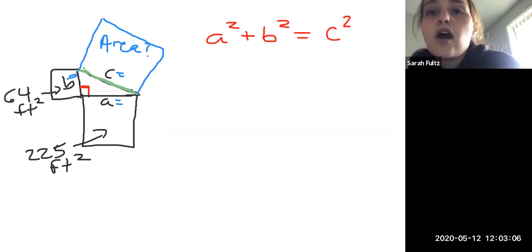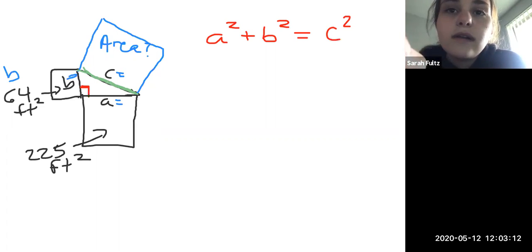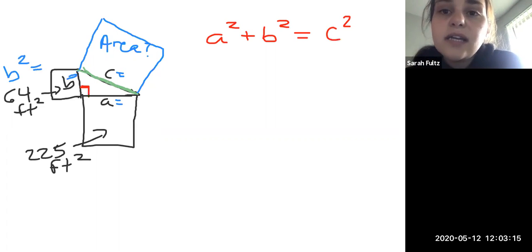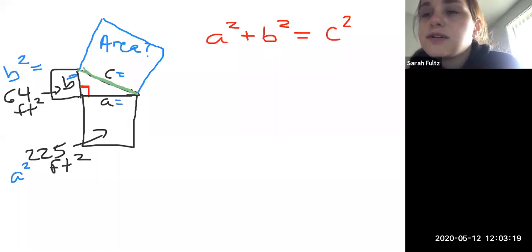All right, so we already have the area for B squared, that's 64, and we have the area for A squared. That's 225.